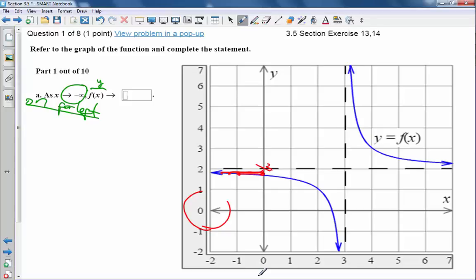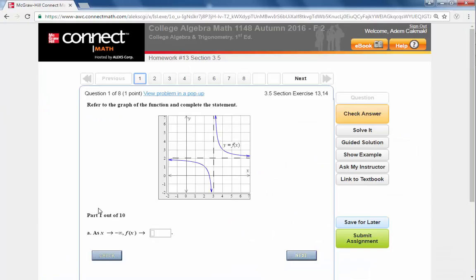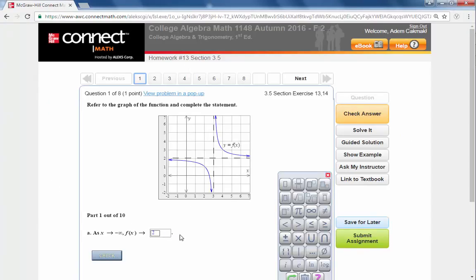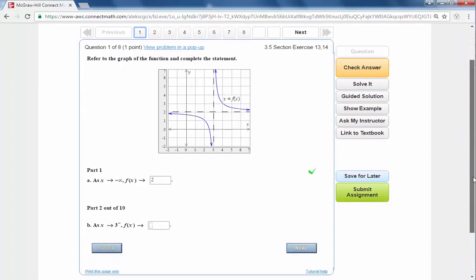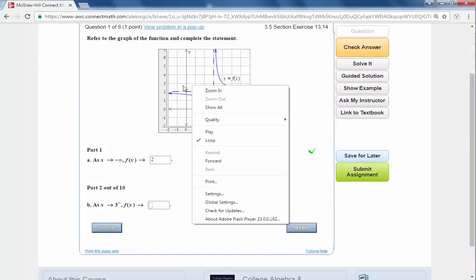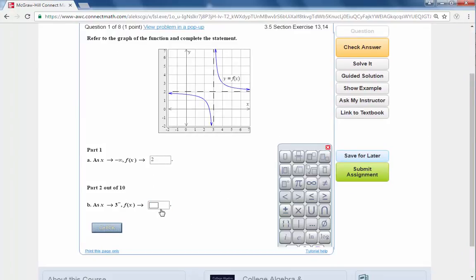Every moment you go left, you're rising a little bit, incrementally up. But eventually, you will almost be touching 2. So we put 2 here. Okay? So part A is 2. All you need to do is answer each of these parts. You don't need pen or pencil here. Just observe and find out.